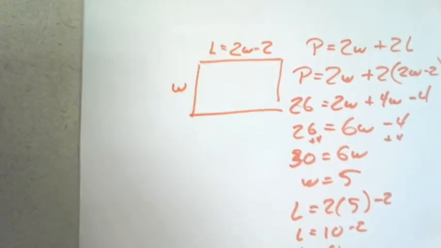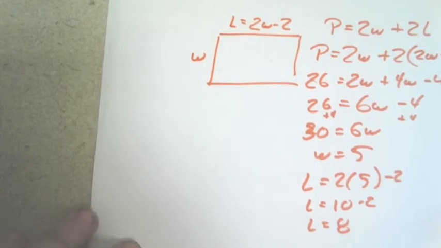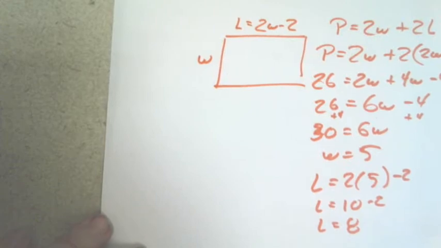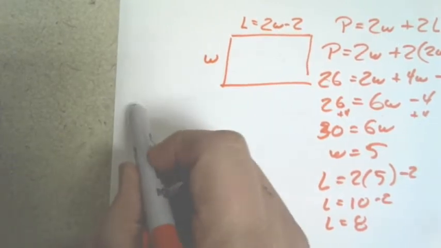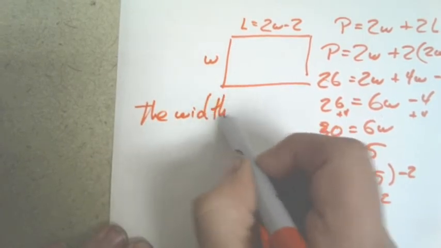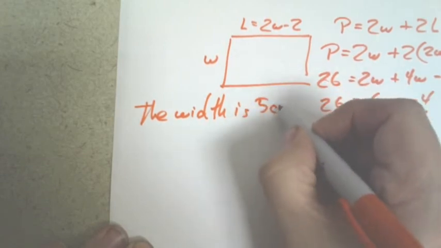On an exam, by the way, any word problem you've ever done, any application problem you ever do, always should be answered in a sentence. On the online questions, they kind of put the sentence in there, but you should be writing the width is 5 centimeters.